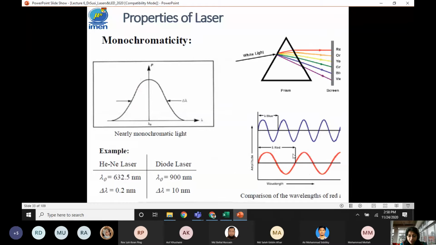If you compare the wavelengths, this is for blue and this is red. This is 1 lambda, one sinusoidal cycle gives you 1 lambda. Blue laser has a higher frequency than a red laser, and of course the wavelength is shorter. Blue is about 200 to 400 and red is about 600 something.